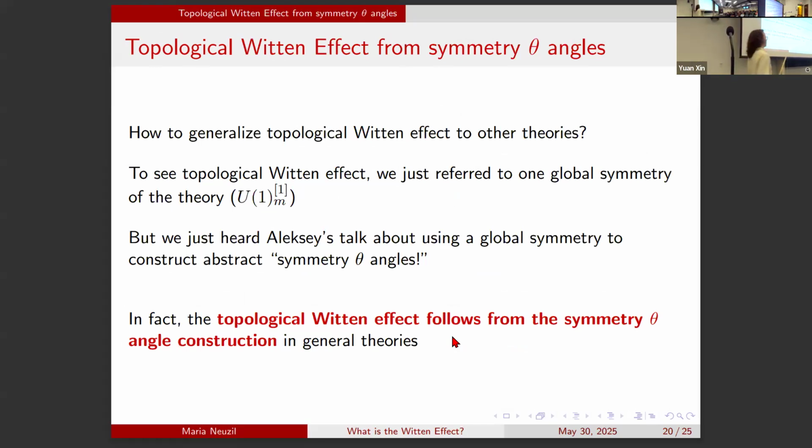We talked about the charges, the operators, the twists, all with respect to that symmetry. But from Alexi's talk, we saw that you can use a global symmetry to construct abstract symmetry theta angles. So in fact, the topological Witten effect, as I've just described it to you, follows precisely from the symmetry theta angle construction of the last talk.